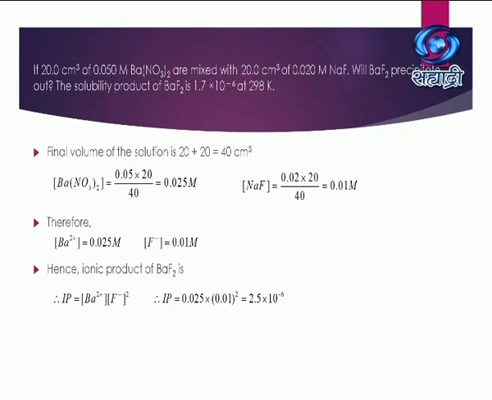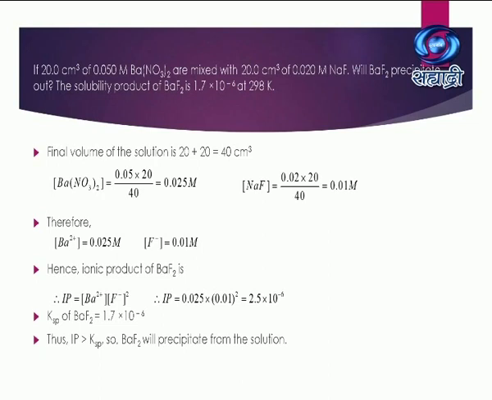That numerical coefficient appears as a power in the expression. And so the expression is Ip = active mass of Ba2+ × (active mass of F-)^2. Substitute the values. Therefore, Ip = 0.025 × (0.01)^2. So it is 2.5 × 10^-6.